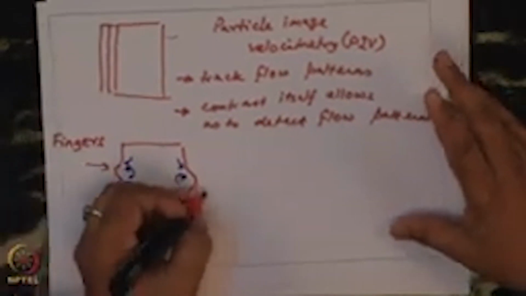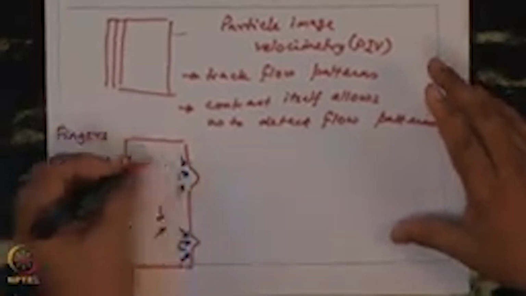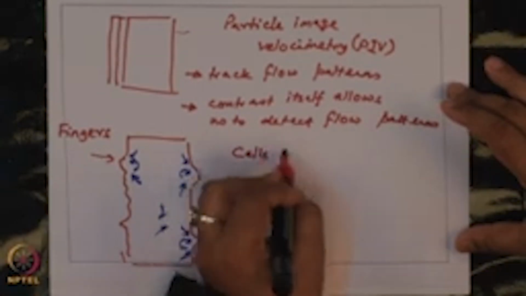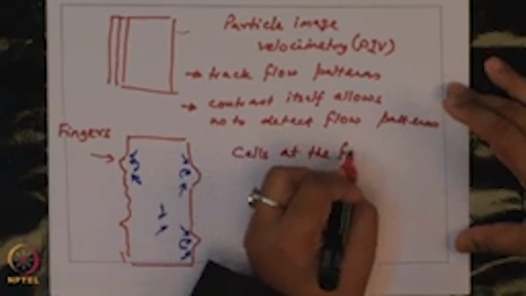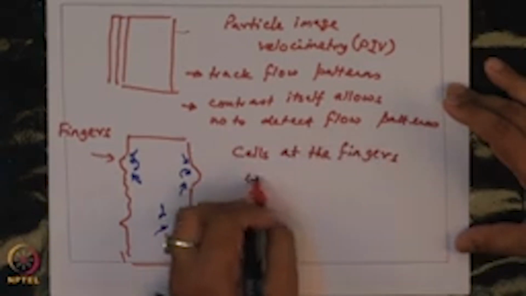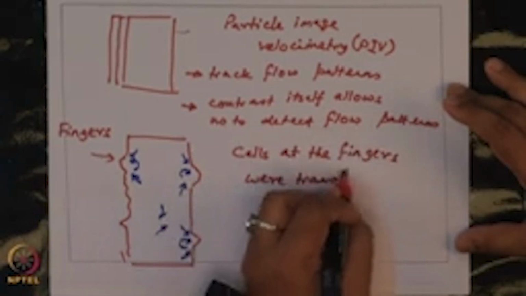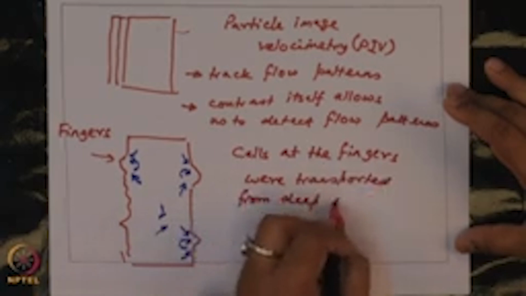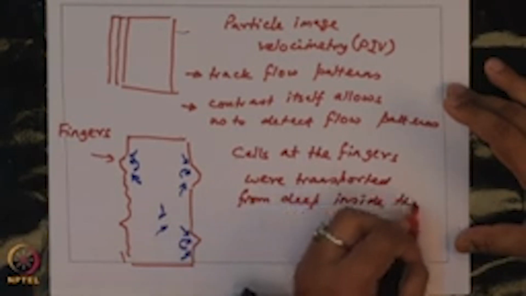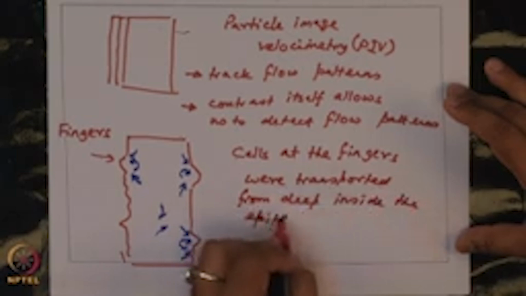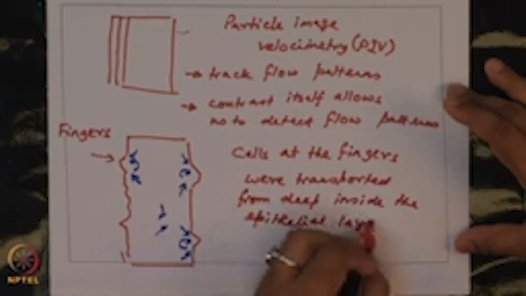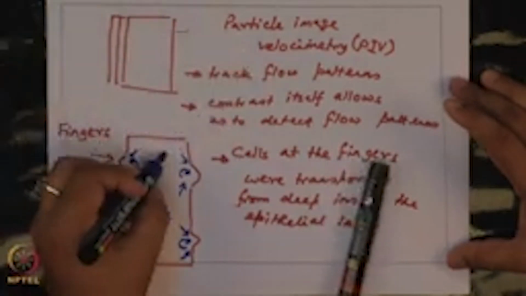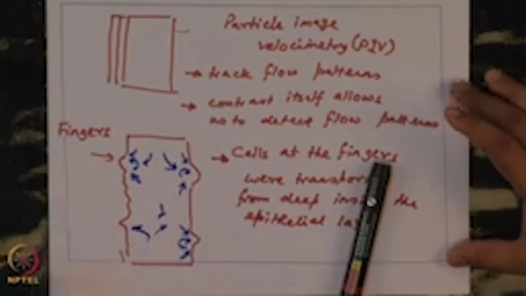So even though this is the leading edge, you can detect flow very far from the leading edge, suggesting that many of the cells at the fingers were transported from deep inside the epithelial layer. So, this flow allowed cells to migrate from the center towards the edges or towards the location of the fingers.